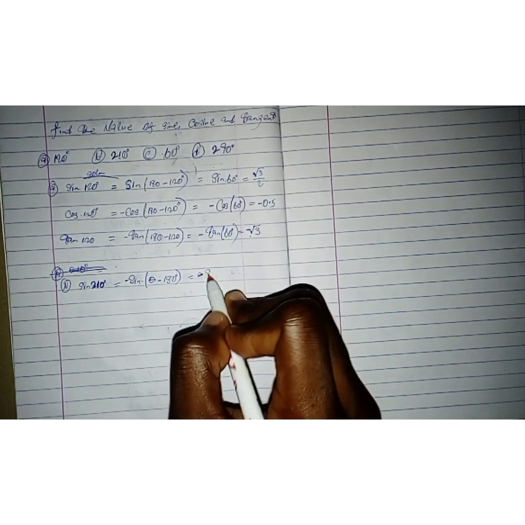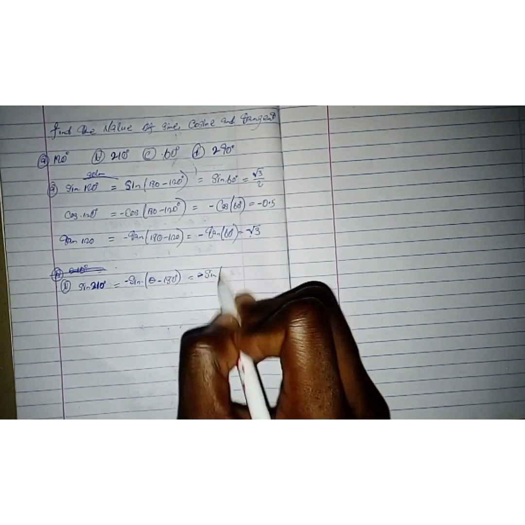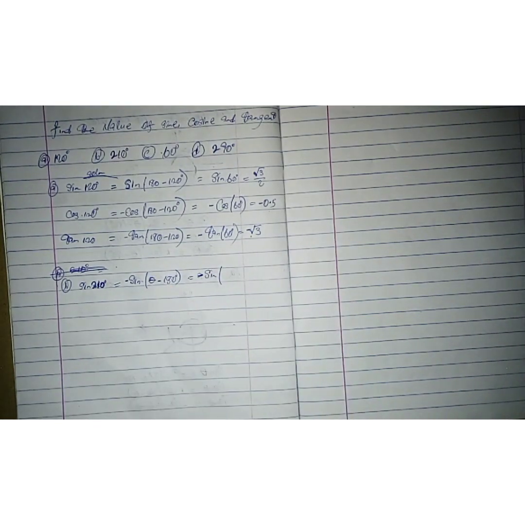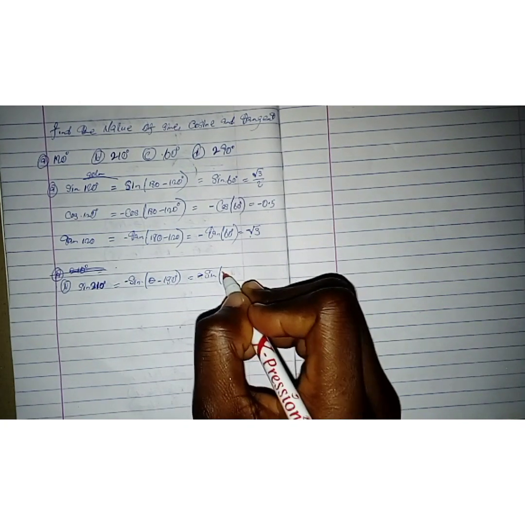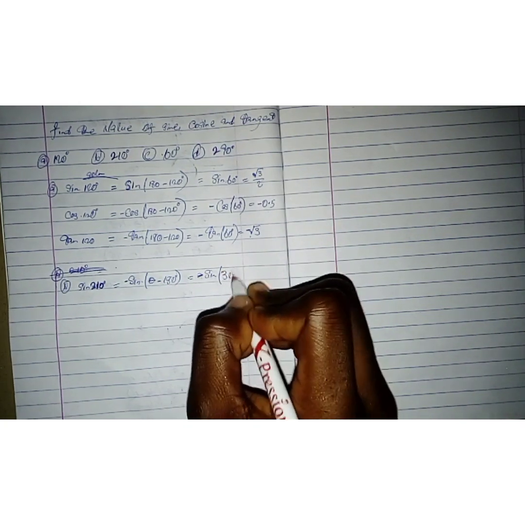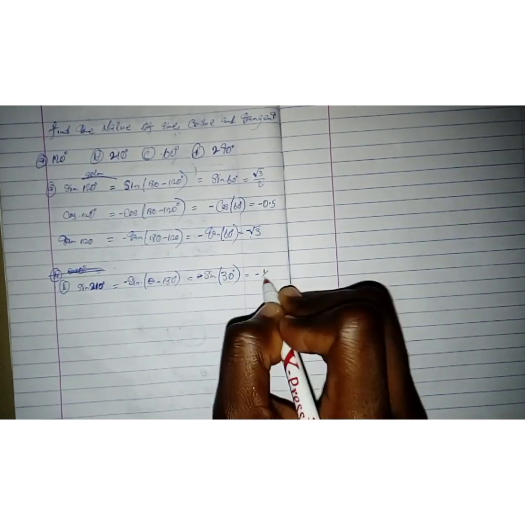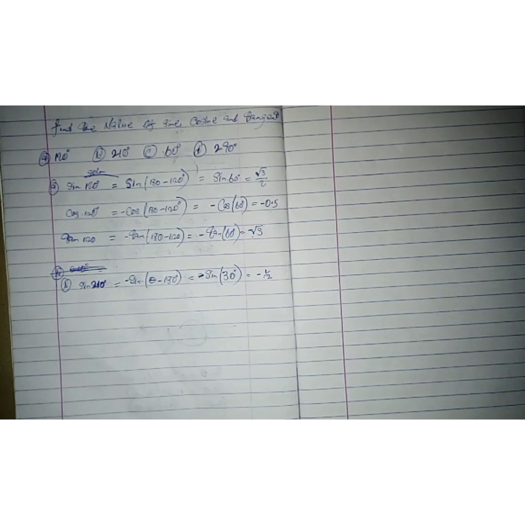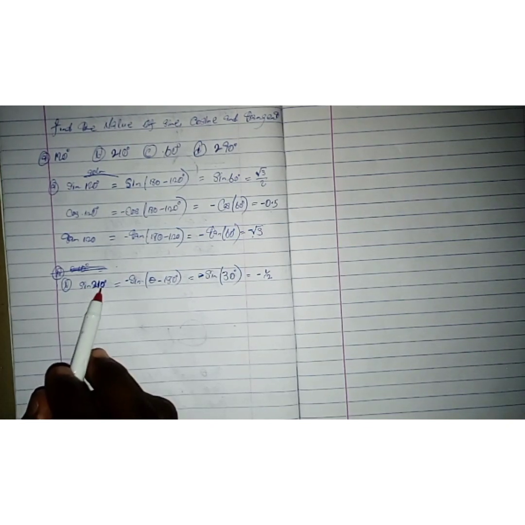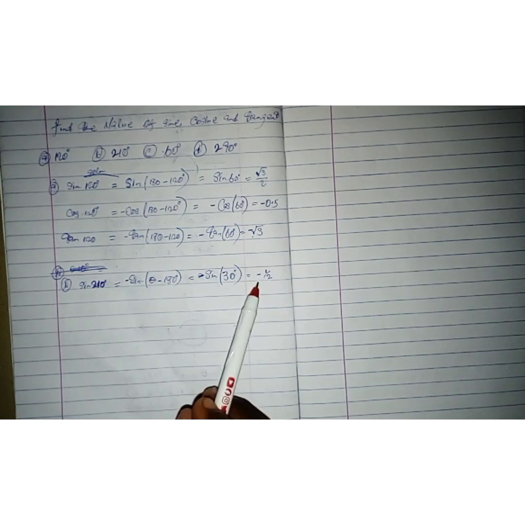So negative sine, 210 minus 180 should give you 30 degrees. So this is negative 1 over 2. At the third quadrant, sine 210 is equal to minus 1 over 2.